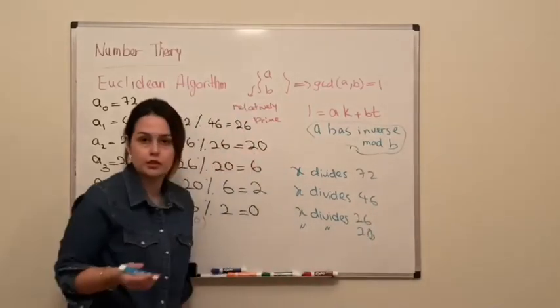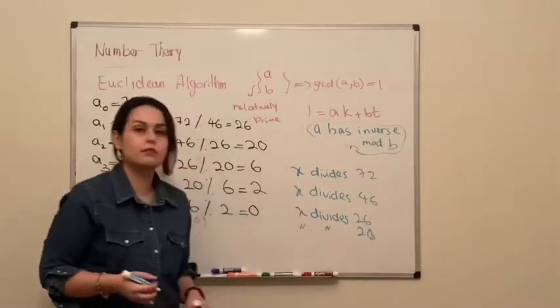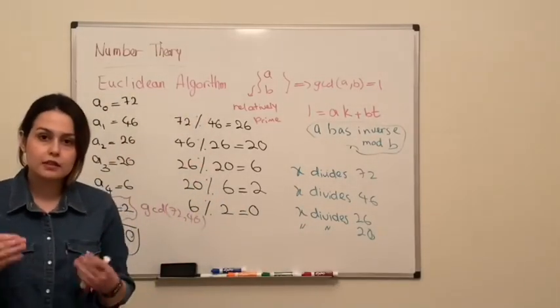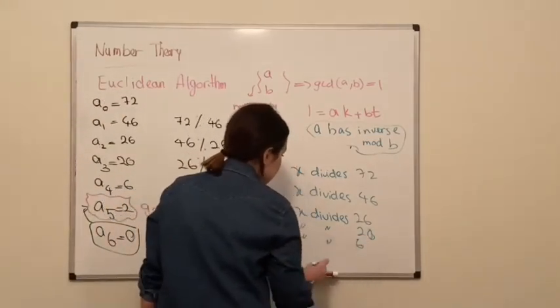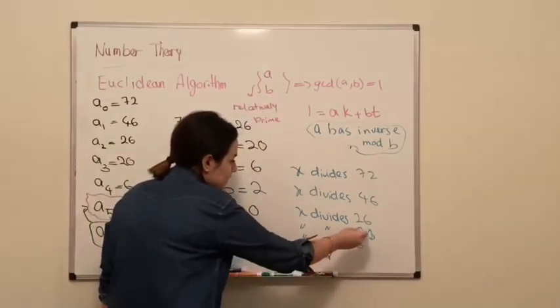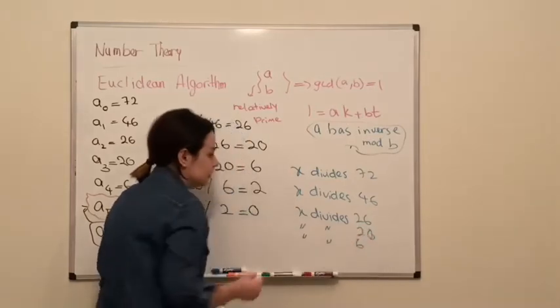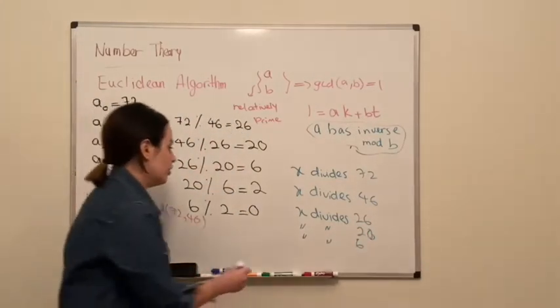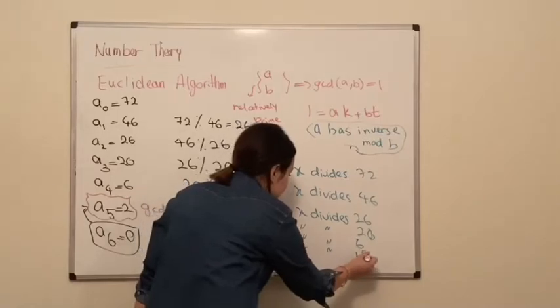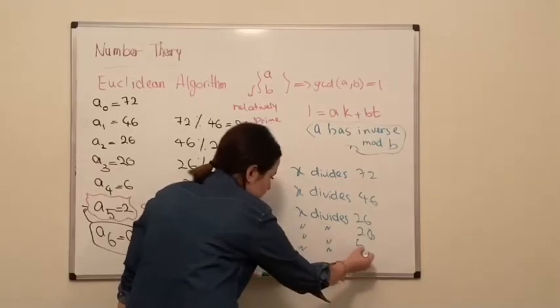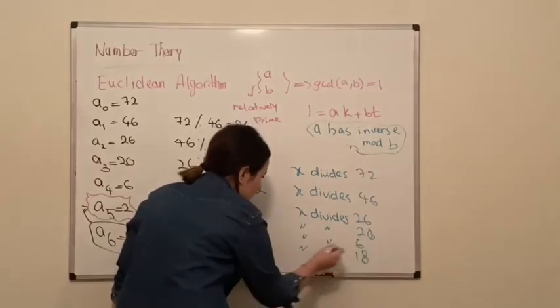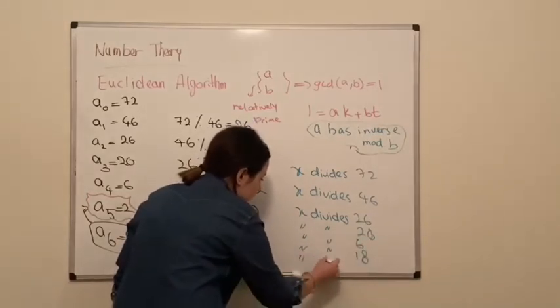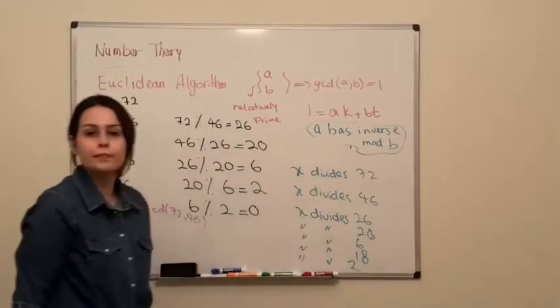And then it must divide 6. And since it divides 20 and it divides 6, it also divides 18, because it divides 3 times 6. And then I can subtract these two and say x must divide 2.